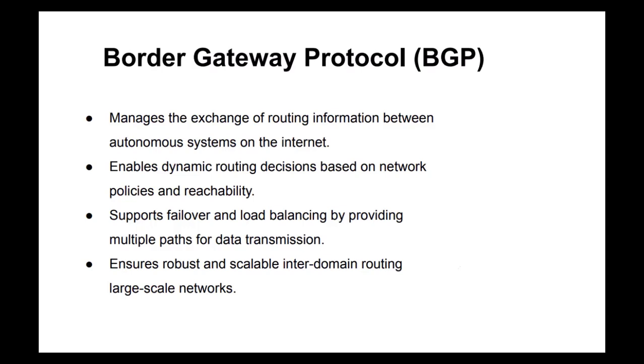This allows us to achieve efficient routing paths of our data, as well as to have load balancing, because we can reroute network traffic to different paths if we experience congestion or interference of any kind. BGP is a standard protocol if you work in your large-scale enterprise networks.